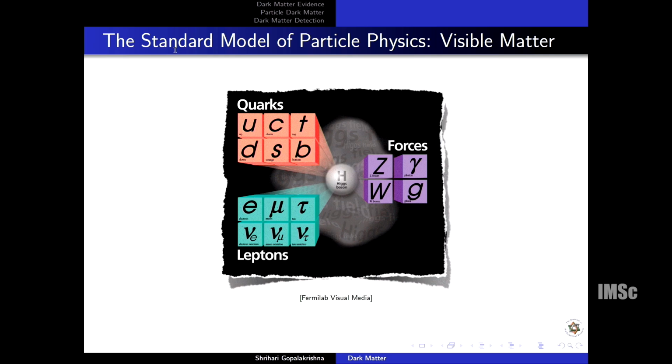Over many decades we have done many experiments and assembled a picture that everything around us, no matter what you look at, in the end is made up of all of these fundamental elements that we have put down here. That's something which has been very successfully done over the last 100 years, let's say. And today we have a pretty good, complete understanding of how things are put together in terms of these particles.